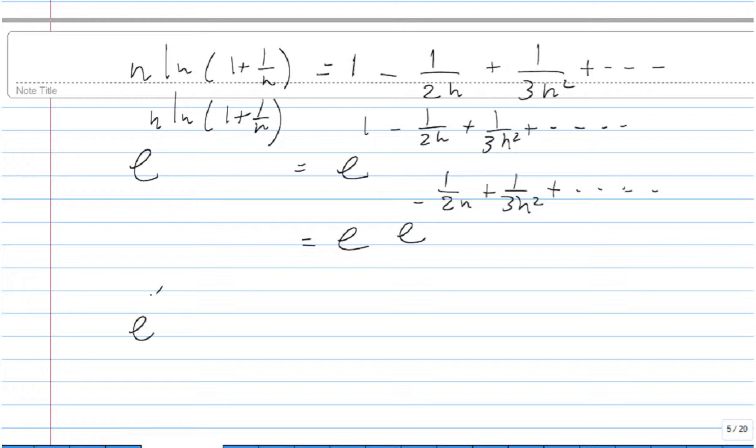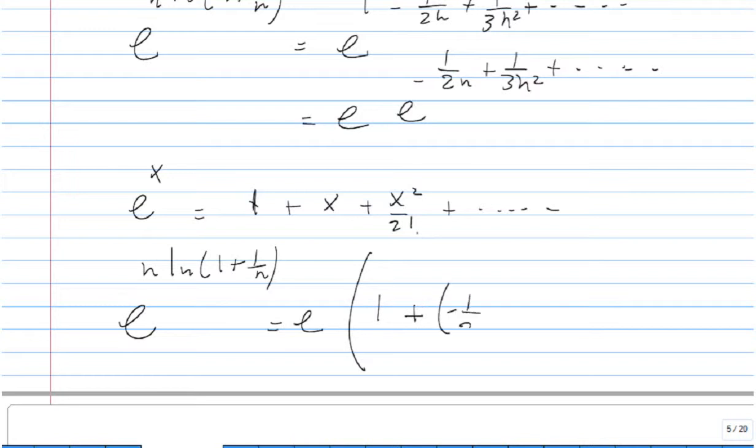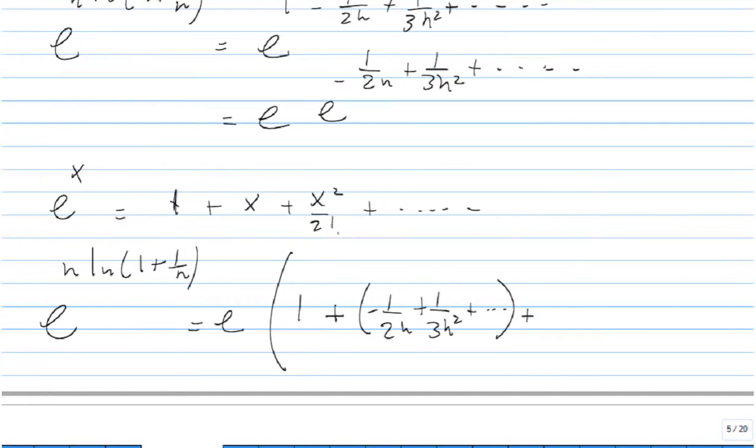So now we have to use the power series of e to the x again, which is 1 plus x plus x squared over 2 factorial, etc. So this tells me that e to the power n ln of (1 plus 1 over n) is equal to e times (1 plus (minus 1 over 2n plus 1 over 3n squared, etc.) plus 1 over 2 factorial times the expression squared, etc.).